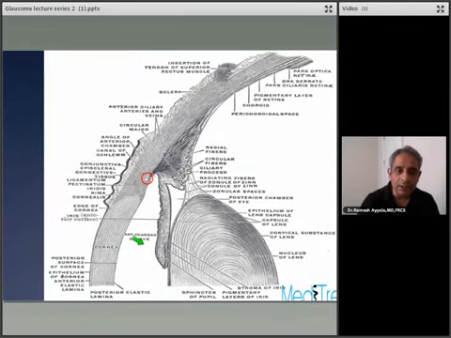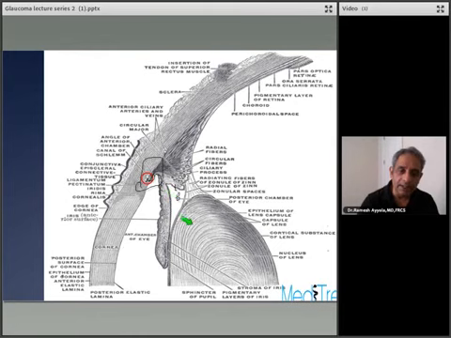Let's look at the Schlemm's canal anatomically. One more time, here is the angle. This is a topographic view of how the angle structures are. Here is the iris. The trabecular meshwork is right about there, and you can see the Schlemm's canal, and here is where the ciliary processes are located. Here is the posterior chamber.